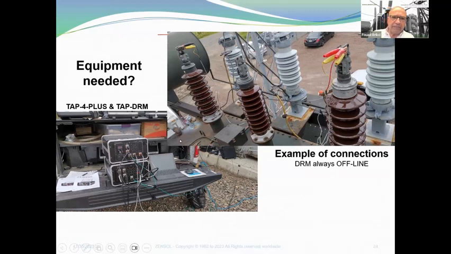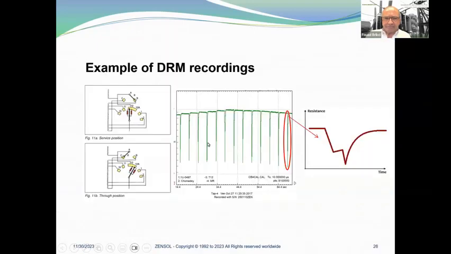So here, what we call a Tap 4 Plus you see here on the bottom, a Tap DRM on the top, and this is a kind of connections. And of course, this test is an offline test.